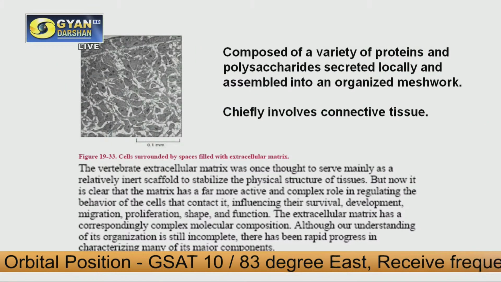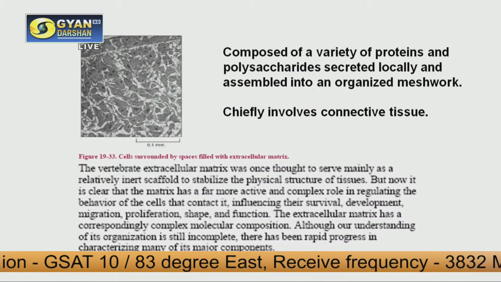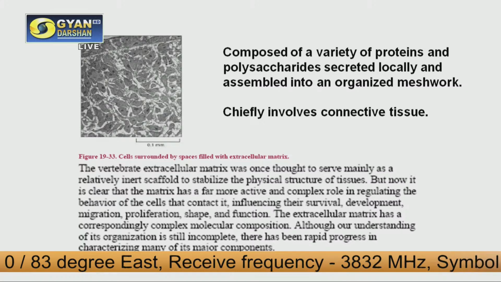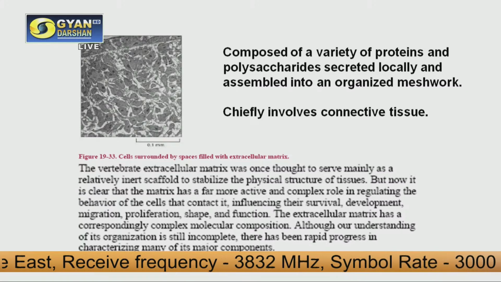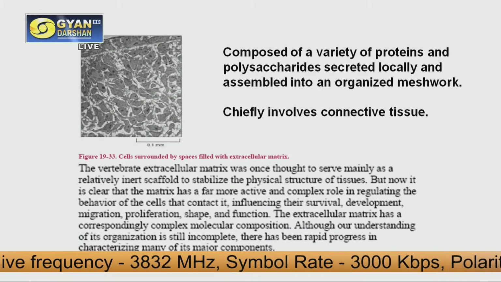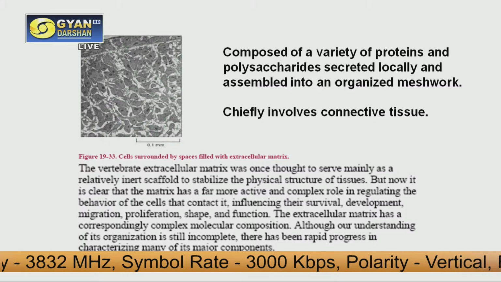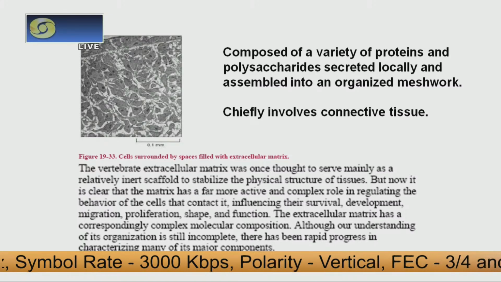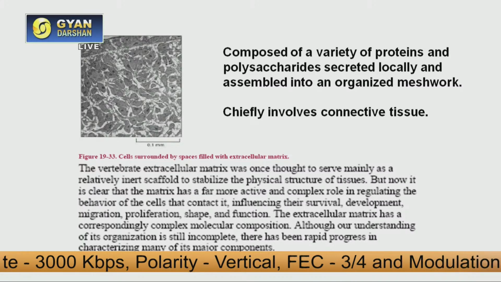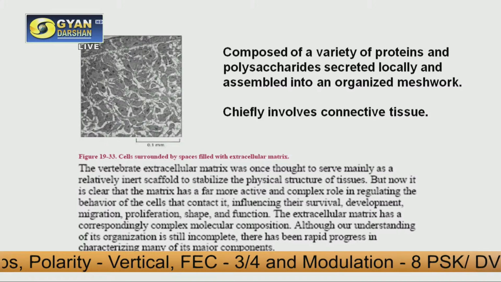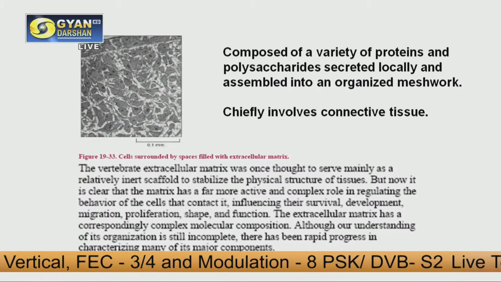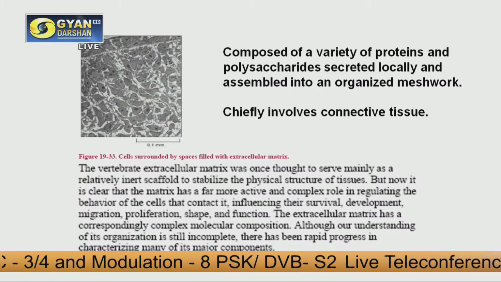What is this ECM composed of? If we go to our first slide, it is composed of a variety of proteins and polysaccharides secreted locally and assembled into an organized meshwork. So basically you have two main components which we will discuss. One is the polysaccharides or the carbohydrates, and the second is the proteins.